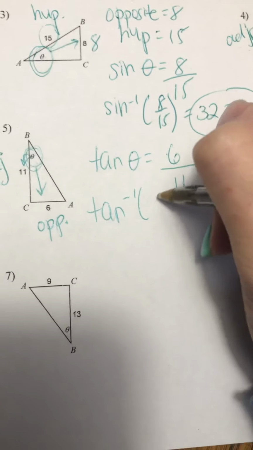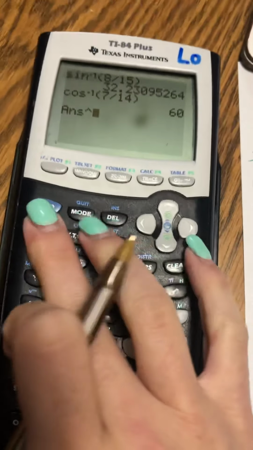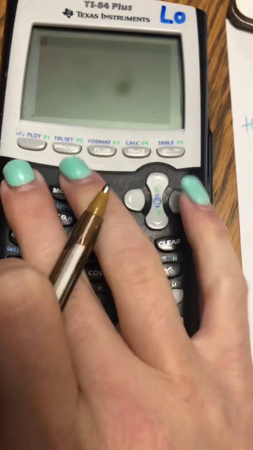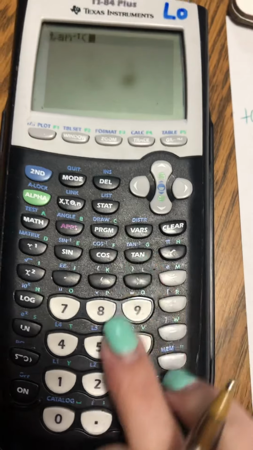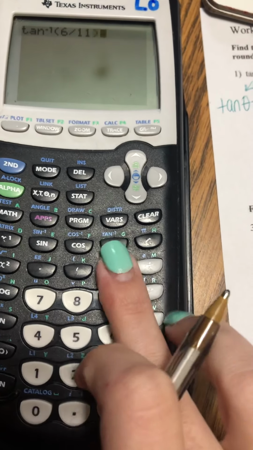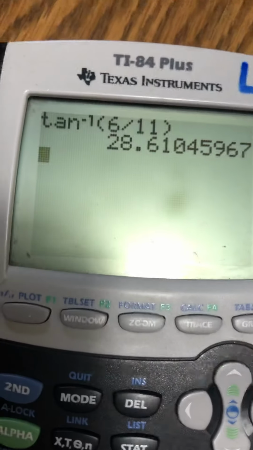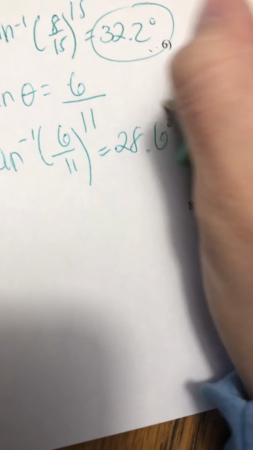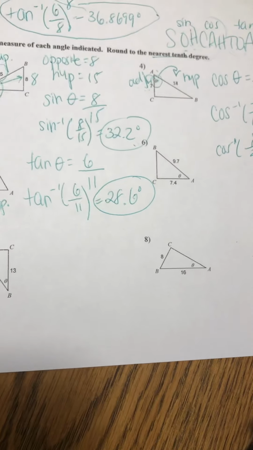Step 3 is to take the inverse of your ratio to get your answer. So in my calculator, second tan of 6 divided by 11, 28.6 degrees. Okay.